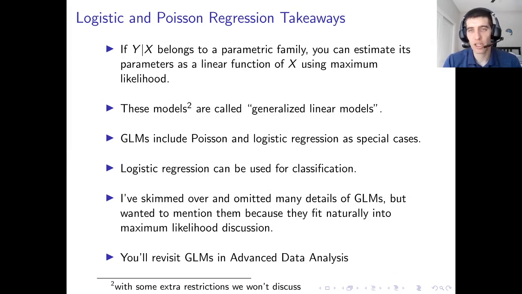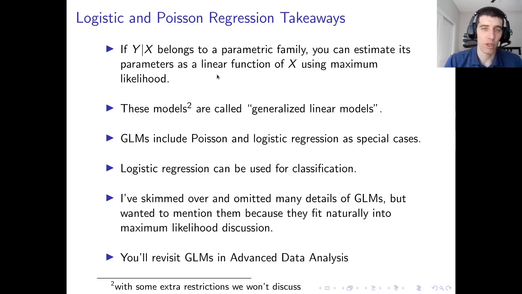Let me just summarize some quick takeaways here for logistic and Poisson regression before we take a break and before going on to the second part of this lecture. So, as we've talked about, if y given x belongs to a parametric family, which could be normal distributions, Poisson distributions, or Bernoulli distributions, corresponding to your standard least squares estimator, your Poisson regression, or logistic regression, then we can estimate the parameters in that parametric family as a linear function of x, right?